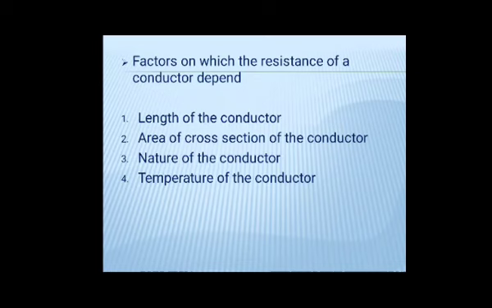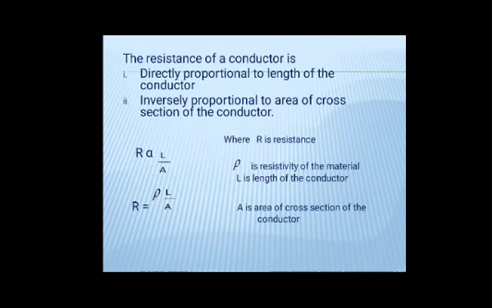Then how does it depend on length? The resistance of the conductor is always directly proportional to length of the conductor and it is inversely proportional to area of cross section.